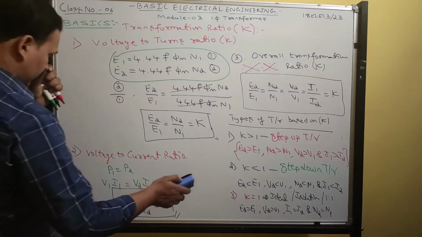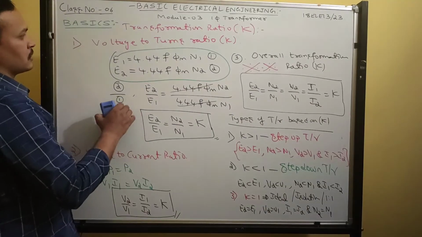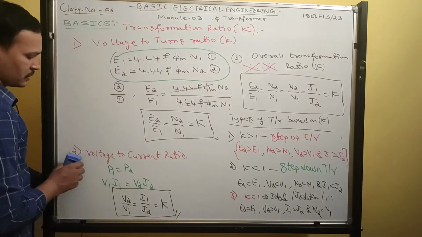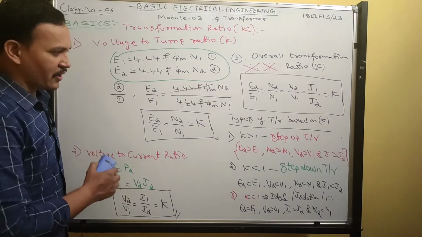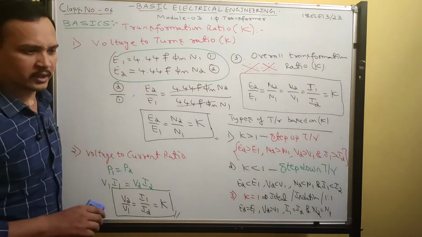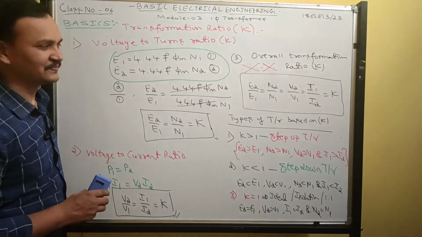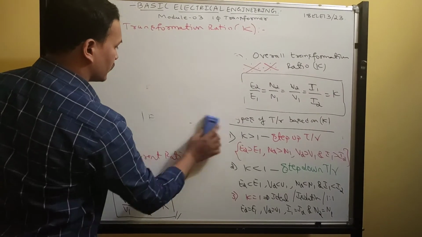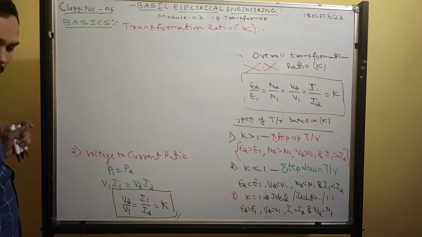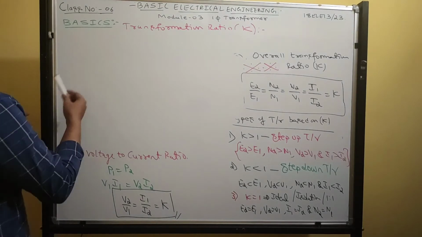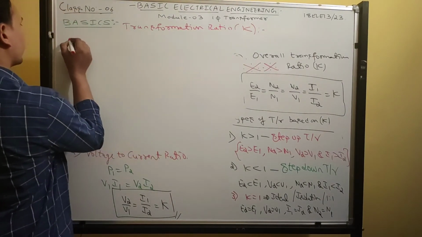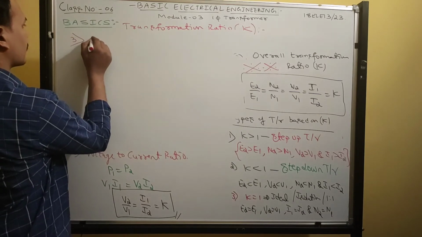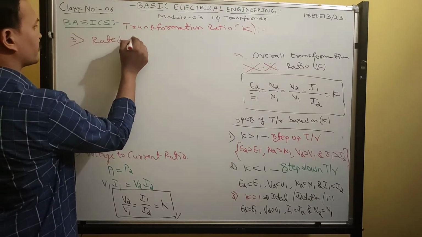Next, one more basic topic is required to solve problems on EMF equation. So guys, please pause the video and copy down whatever I explained. Next is rated currents in a transformer. This is most commonly asked in all EMF equation problems. So concept number 3, rated current in a transformer.